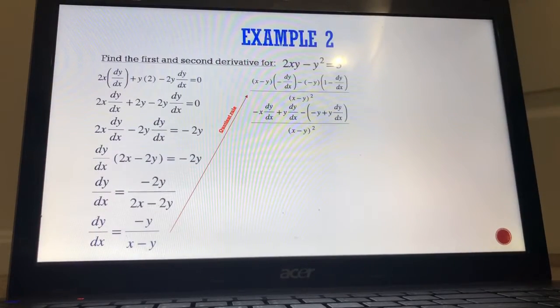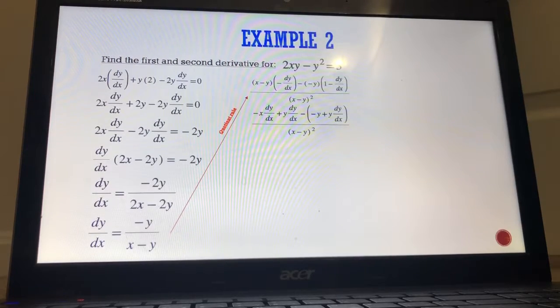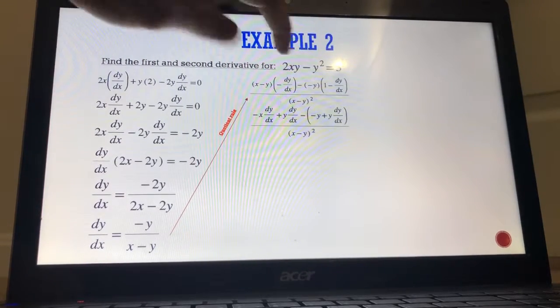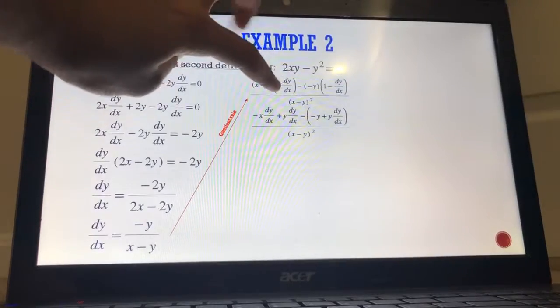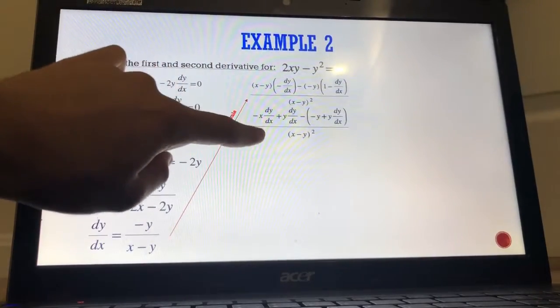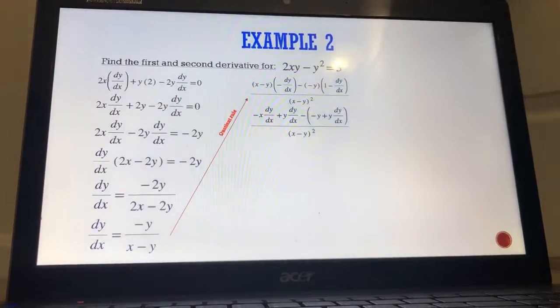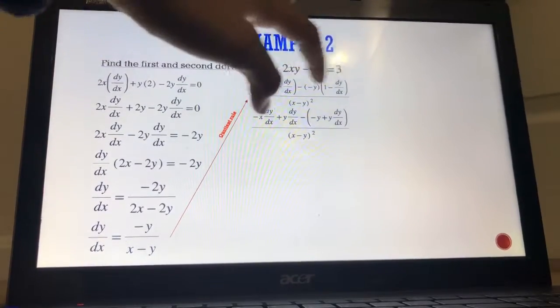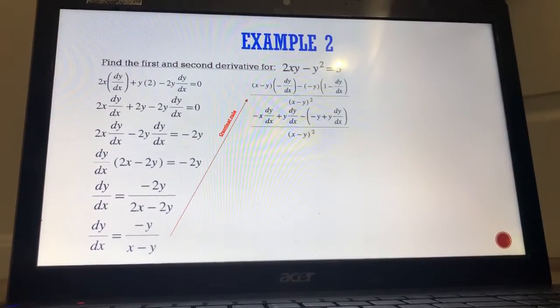And then we have to simplify. So we would multiply these terms together, which will give us negative x dy/dx plus y dy/dx minus, and then we multiply these terms together, negative y plus y dy/dx.